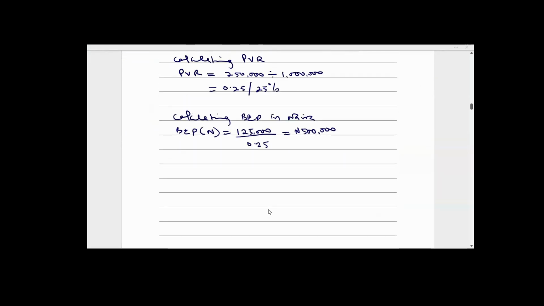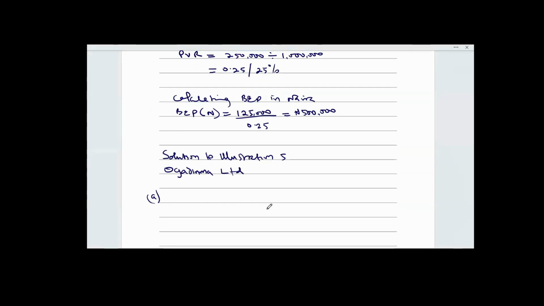So, solution to illustration number 5. Ogadinma Limited. Number A requirements.